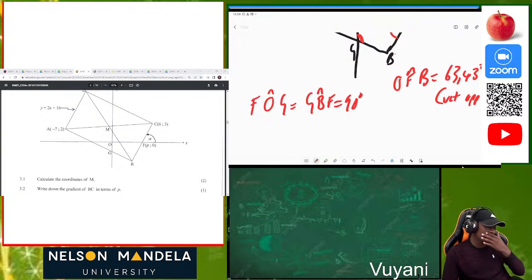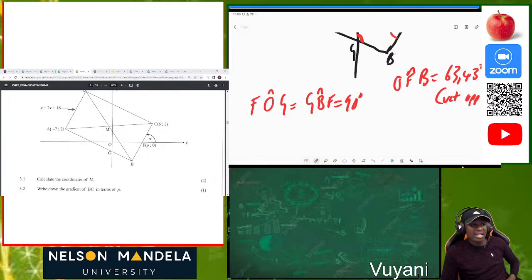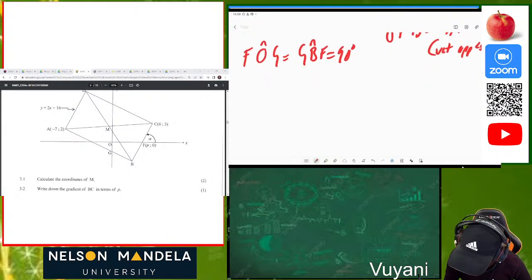You can see that in our trigonometry, on the reduction formula, when we cross here like this, it's going to form 90 degrees. So now we have our 90 degrees of that angle. So what does that tell us now? Then we can actually calculate angle OGB.